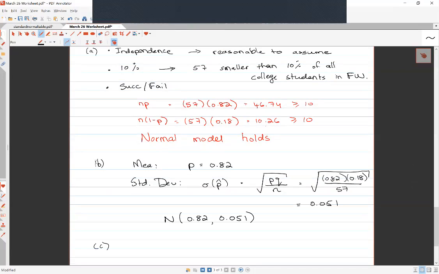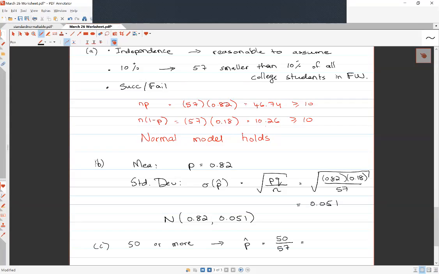All of this I then want to use to do part C, where I calculate the probability that the sample includes 50 or more students who eat at Chipotle at least once a month. Now, what's that as a proportion of my sample? If 50 of the 57 students eat at Chipotle once a month, that's the reference proportion.